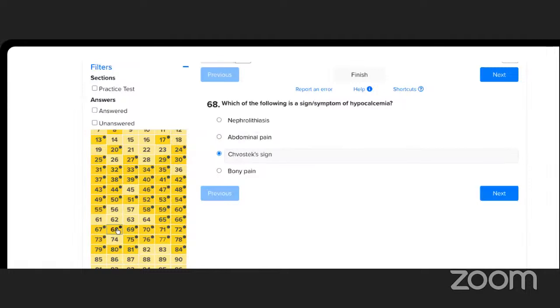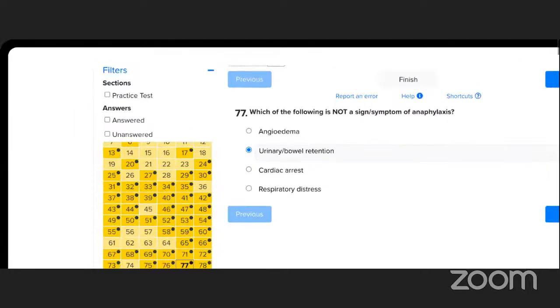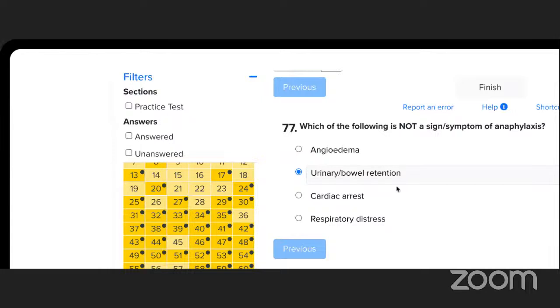So we did 68, 73, 77. That means we answered about... I'm going to count how many questions we did, and we're going to go through the answers. Okay, so 73.